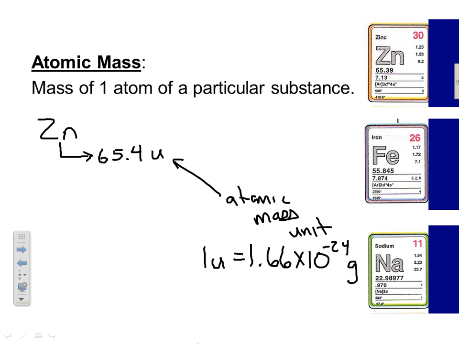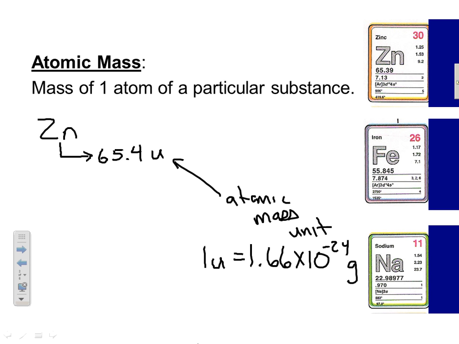I simply wrote it down to express to you how tiny this atomic mass unit is. So one zinc atom is 65.4 of these little tiny mass units. I did want you to write down atomic mass unit. Just don't write down the number. Have we done that? Excellent.